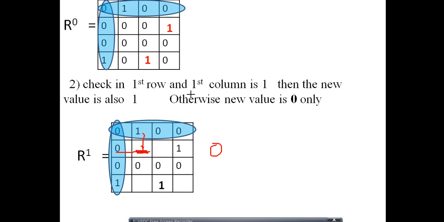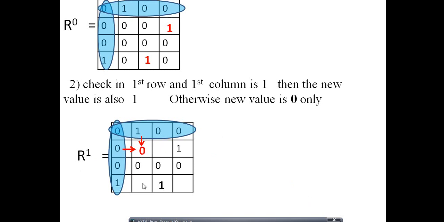If the ith row, first row and first column are 1, then the new value is also 1. In this situation the values are 0 and 1, which means the value is 0 only.